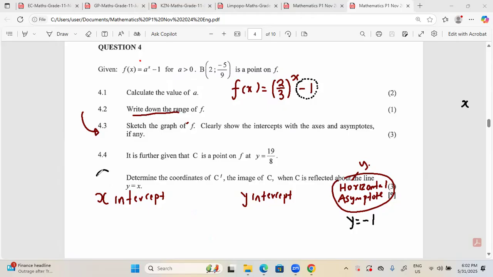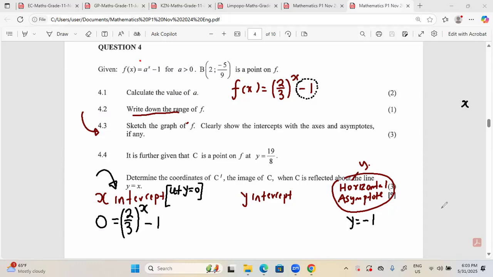This is your asymptote. Okay, so let me come here. I need to find the x-intercept. How do I find the x-intercept? Do not forget, you let your y be 0. So your y is your f of x. So you say 0 equals 2 over 3 to the exponent x minus 1.